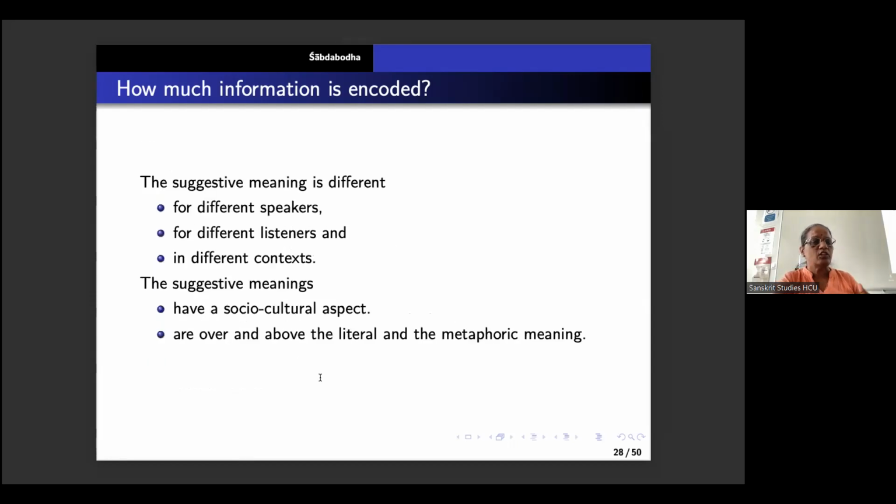So this suggestive meaning is different for different speakers, different for different listeners, and in different contexts, they have different meanings. Speaker and listener might be the same, but the context is totally different and it means a different thing. Further, these suggestive meanings also have a socio-cultural aspect.